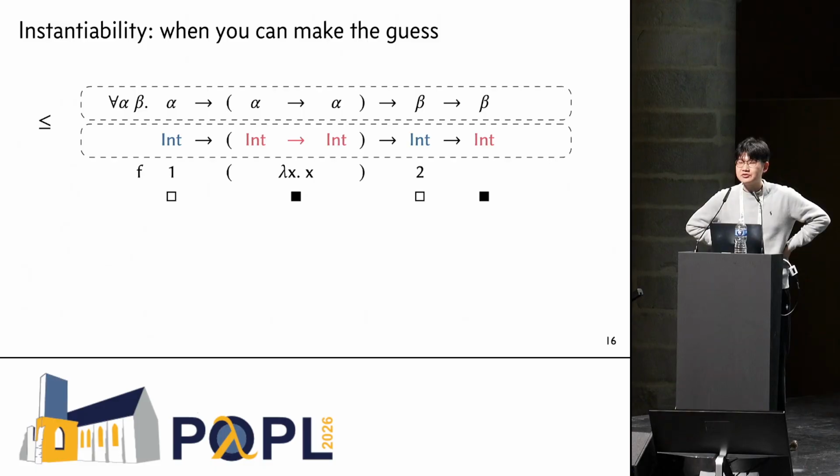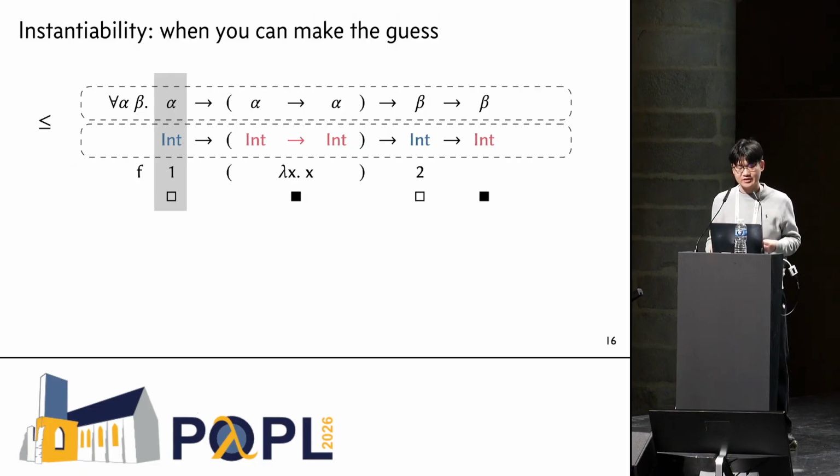So why can we do so? Why can instantiability guarantee we can safely make the guess? You can think of instantiability as working like occurrence checking, but guided or constrained by the masks in a left-to-right order. The first is a transparent box, which means we know something in the context and we have alpha, so we can safely make the guess for the alpha.